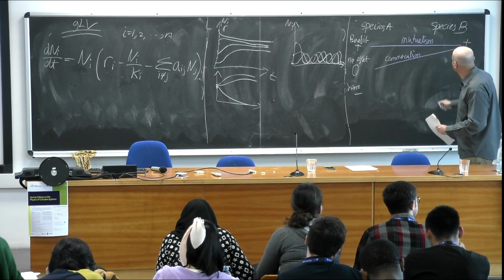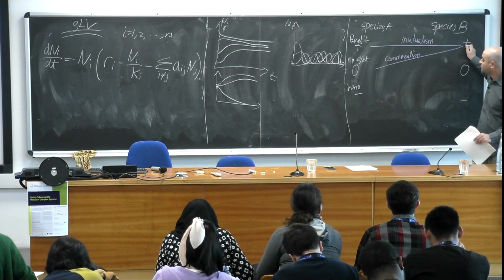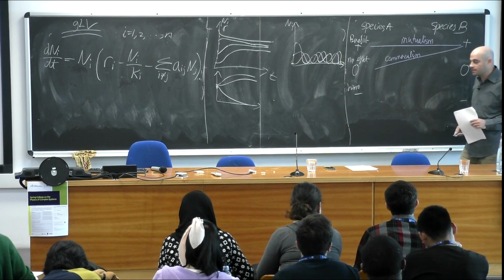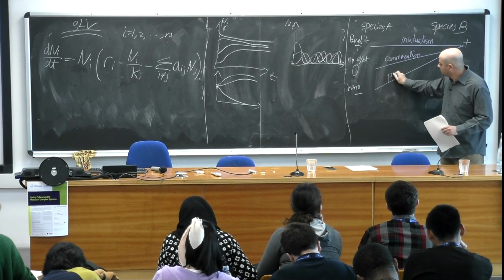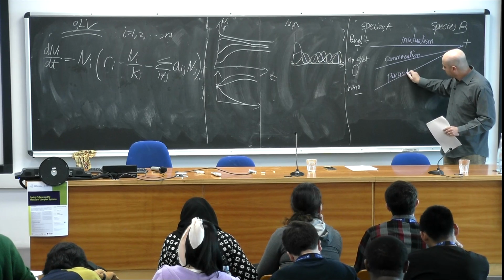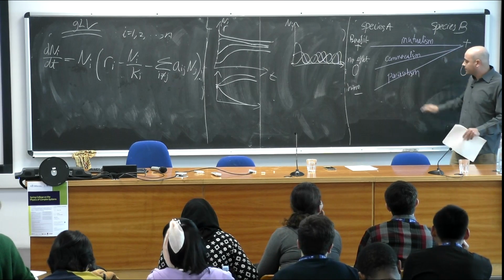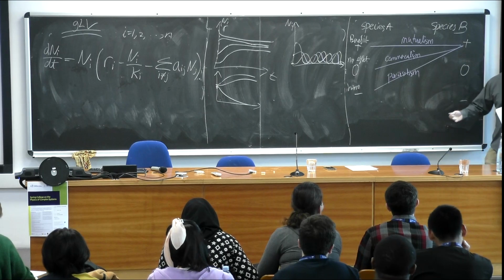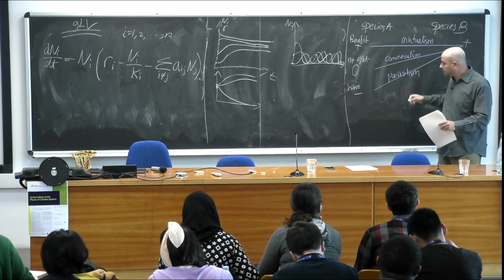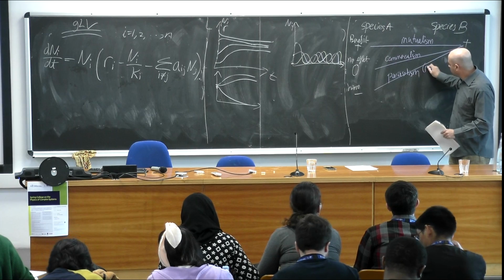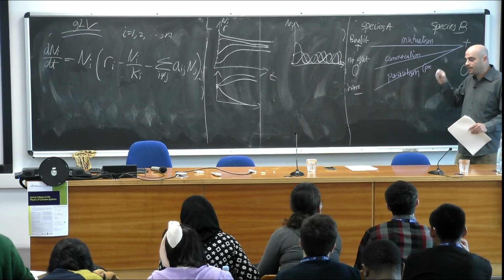Okay, so what other relations do we have? So we have one that benefits and one that gets harmed, right? So you can call this parasitism. And now parasitism is extended in time, whereas predation happens at punctuated times.